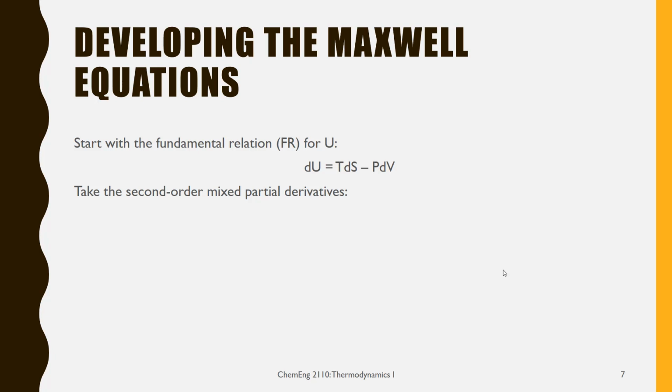So if you start with the fundamental relation for U, for instance, dU equals TdS minus PdV, then T is dU/dS, holding V constant. And negative P is dU/dV, holding S constant. We can take the second order mixed partial derivatives.